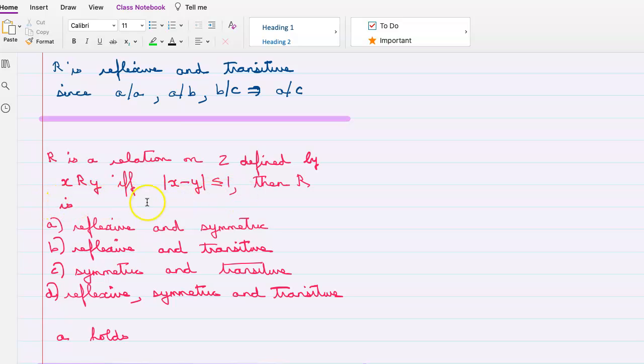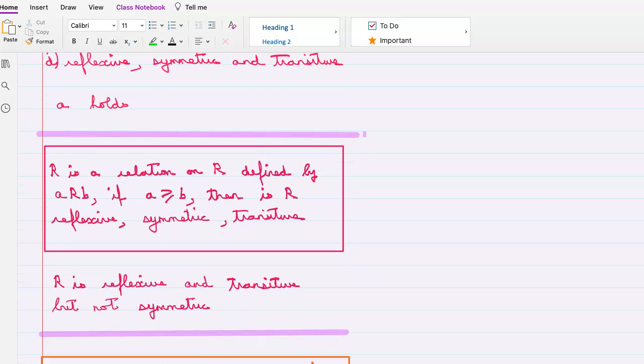So R is reflexive. |x − y| ≤ 1 implies |y − x| ≤ 1. So R is symmetric. But |2 − 3| ≤ 1, |3 − 4| ≤ 1, but |2 − 4| is not less than or equal to 1. So R is not transitive. So only A holds.